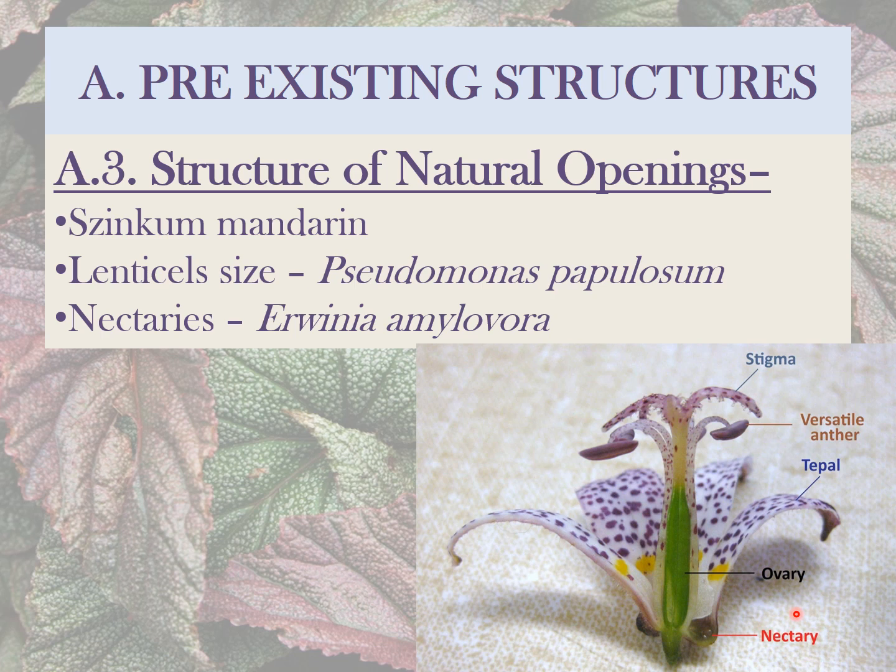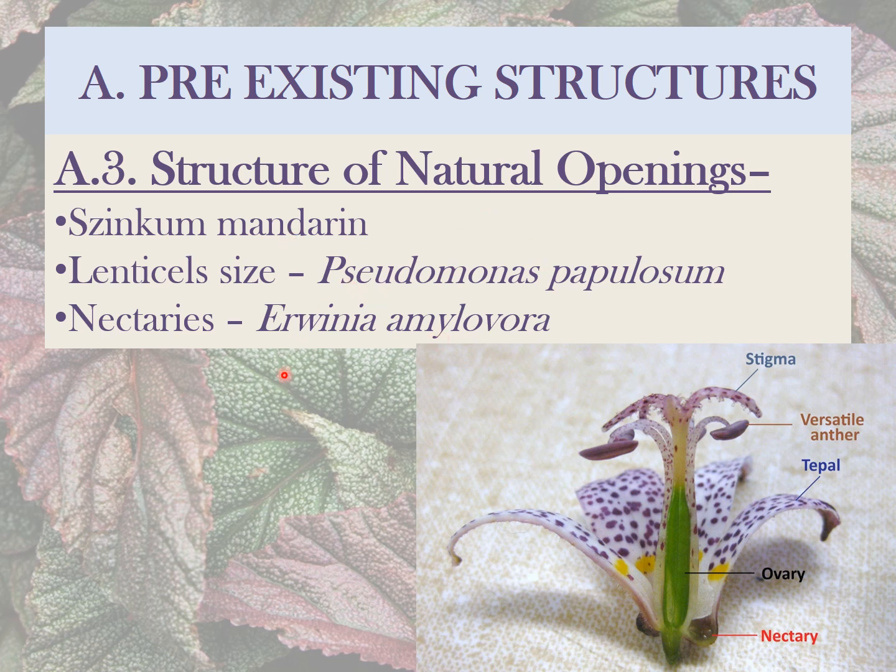Also, it has been seen that nectaries which have abundant hair, such varieties of apples and pears, are known to be resistant against Erwinia amylovora. Erwinia amylovora is unable to enter the apple plants wherein the nectaries have more hair. So these are some of the structures of natural openings which, if modified, can prevent the entry of the pathogen.